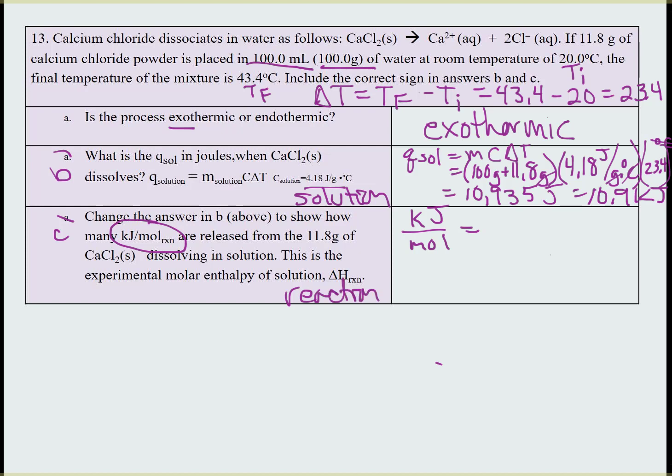So remember that whatever heat the reaction loses, that is the heat that the water will gain. So if I have a positive 10.9 kilojoules, and this is for the solution, then that means I'll have a negative 10.9 kilojoules, and this is for the reaction.